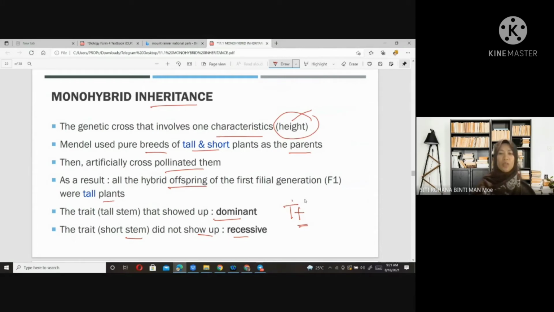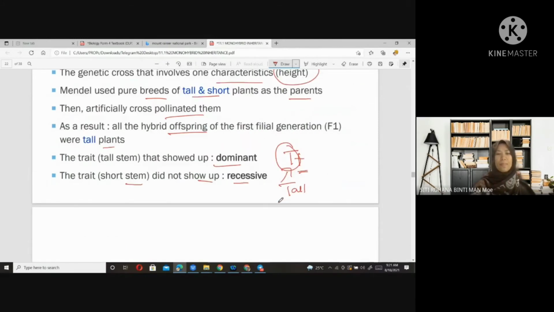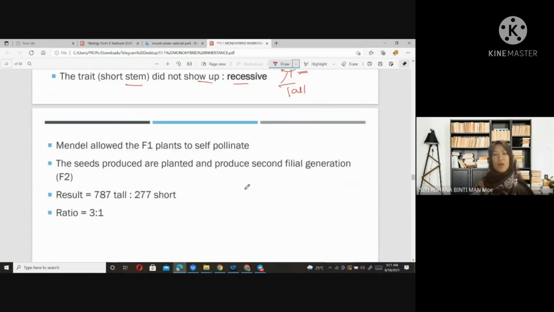Okay, only the T, the capital T, which is tall, the dominant trait, will be expressed. Okay, so Mendel allowed F1 plants, first filial generation plants, to pollinate. Okay, so the second filial generation result dapat macam ni lah. Okay, ratio 3 to 1.